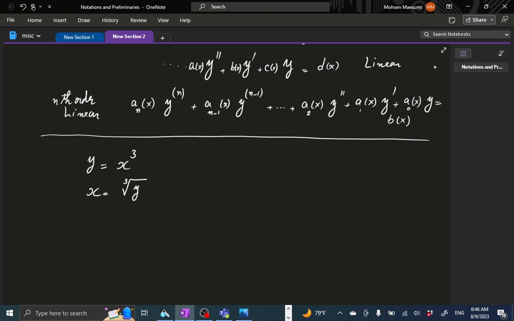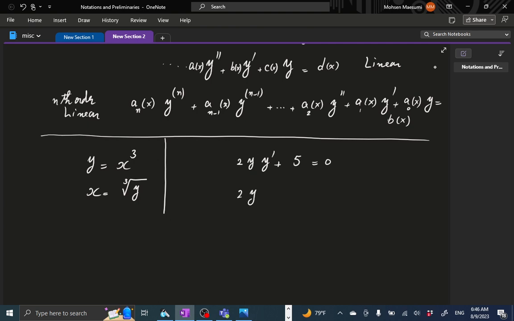How does that relate to, okay, that's basic algebra. What does that have to do with differential equations? Let's go ahead and write some equation here. Suppose I have the equation 2y prime plus 5 equal to 0. What does y prime mean?